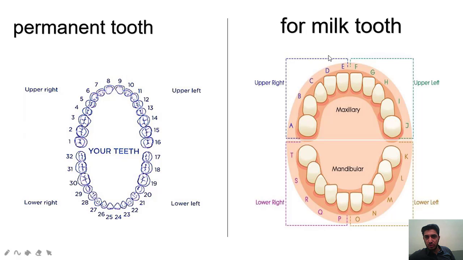And here we will look at the baby teeth, the primary dentition. In the primary dentition it is simple, just alphabets are used. We know that the 3rd molars and the premolars are missing.